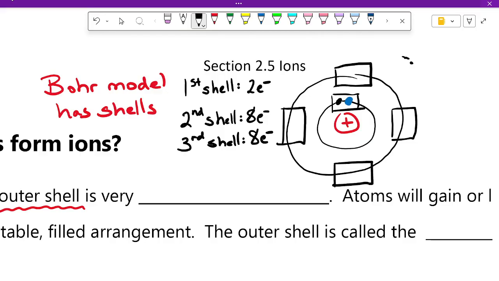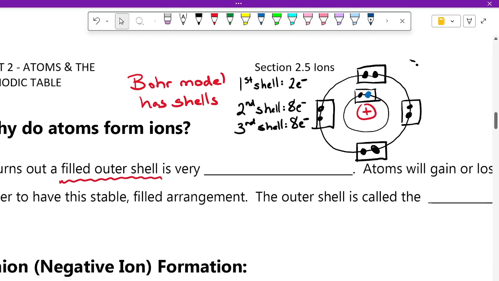So if we want to put in the 8 electrons on this shell, we put 1 at the top. Where does the next one go? On the side. 1, 2. Third one goes on the bottom. 4, and then 5, 6, 7, 8. And then the third shell would do the same pattern again. Okay?